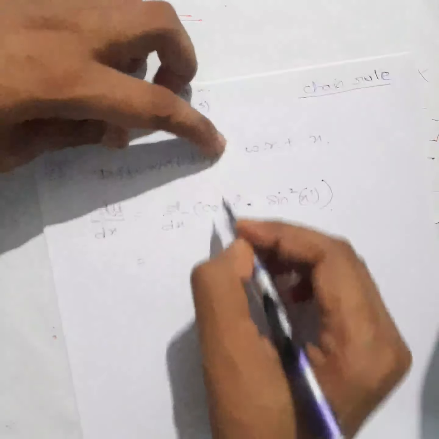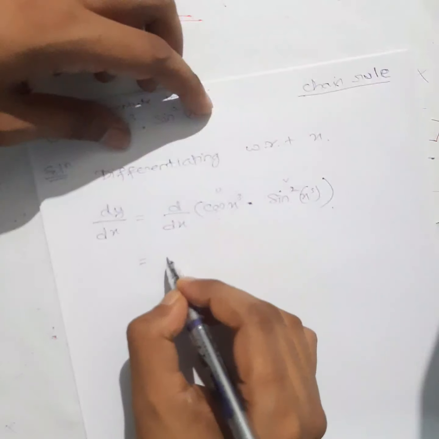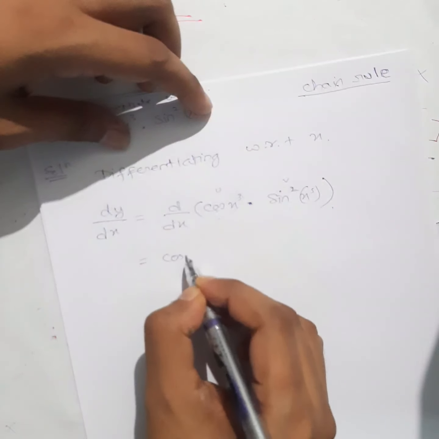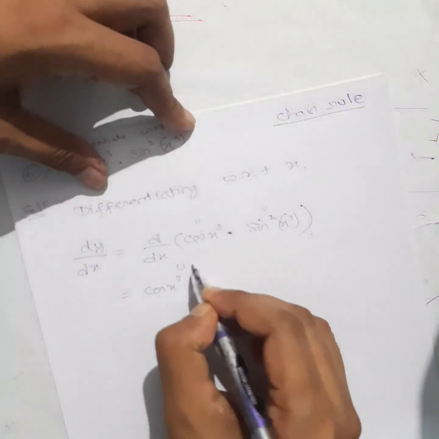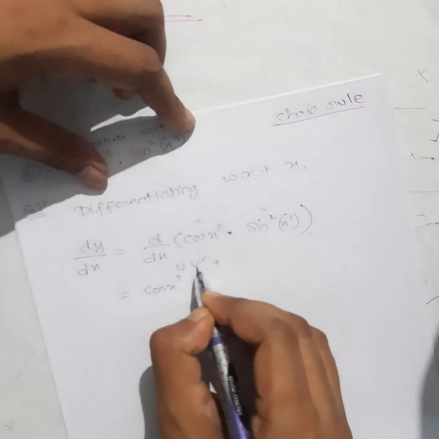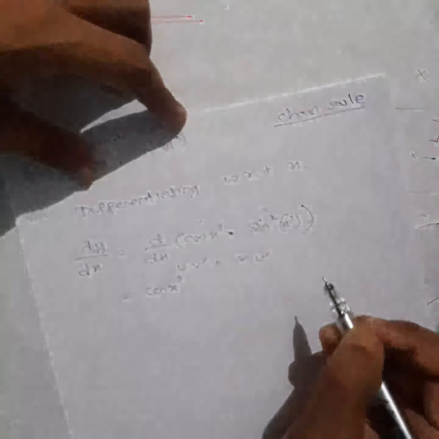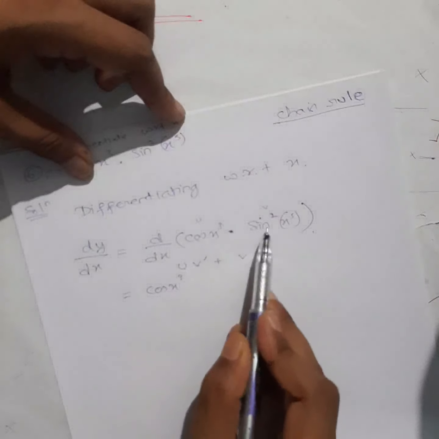So what I mean to say is, suppose this is u, this is v. See carefully here. So u I'm going to leave as it is. The form was like this, u v dash plus, this I have left as it is, right? And v I have derived. Now v I will leave as it is, u I will derive, like that, right? So this is your u, this is your v.